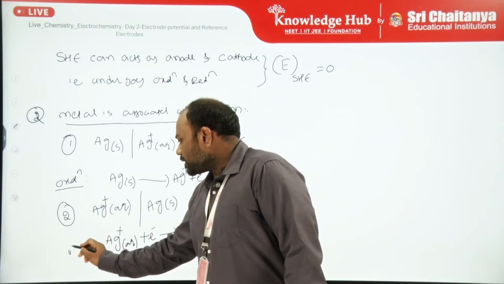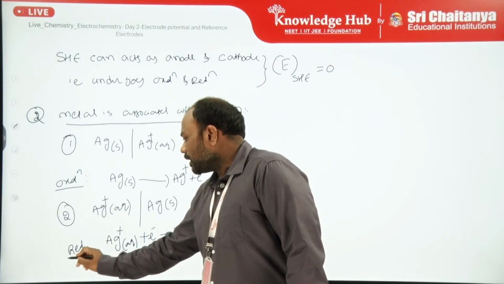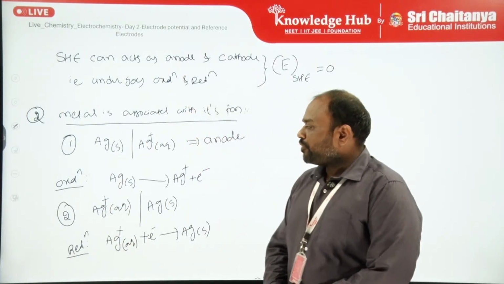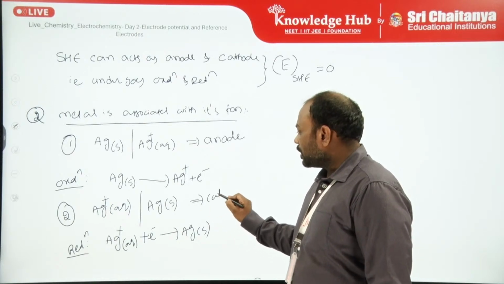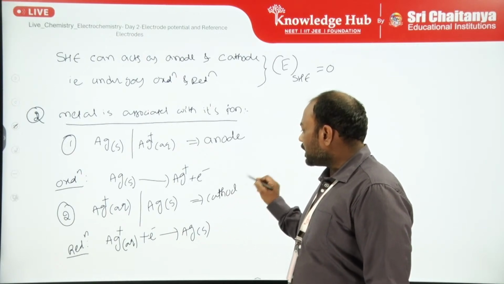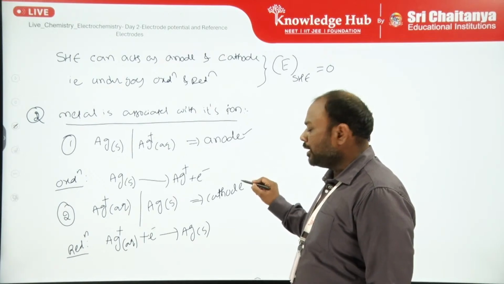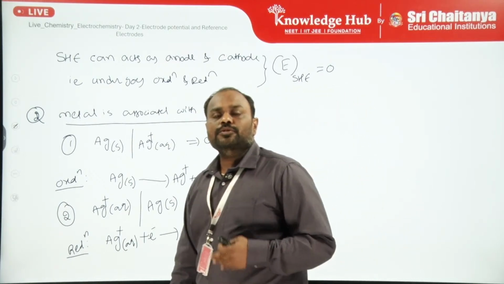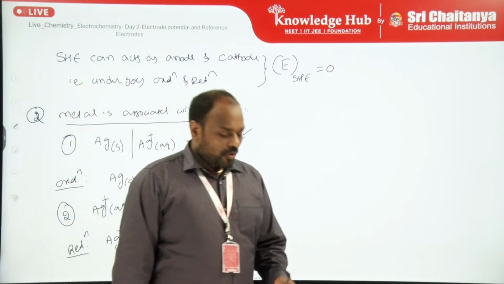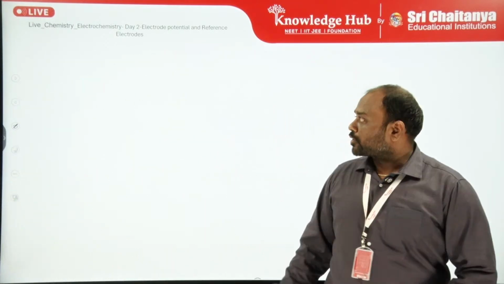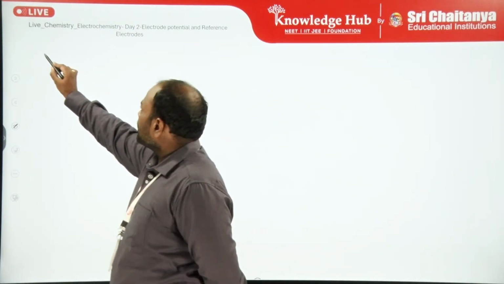Gaining the electron means it undergoes which reaction? Reduction reaction. If it undergoes reduction, then it is acting as cathode. So that means this electrode can act as both anode and cathode. That means this one is also acting as a reference electrode. Okay. So see another type of reference electrode, the gas electrode, the third one.